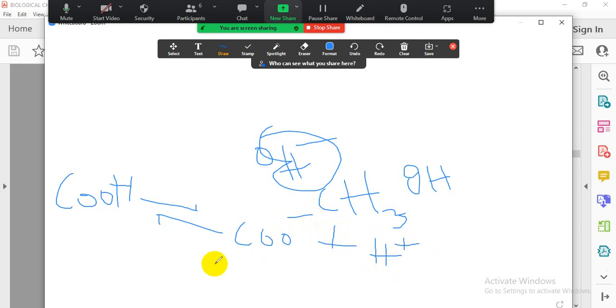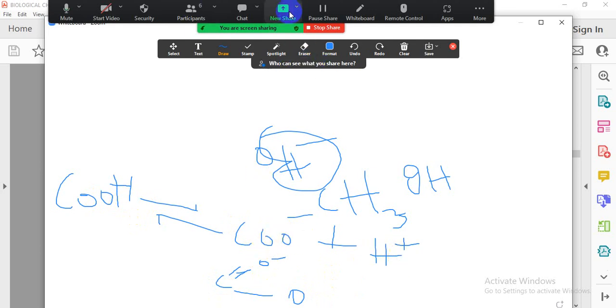This can also be written as C double bond O and O minus. This is a carbonyl carbon, and this is O minus. Okay, so this is carboxylic acid, and this is carboxylate. Then this is a proton.